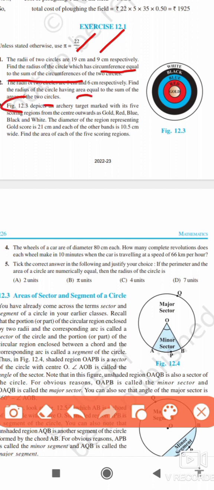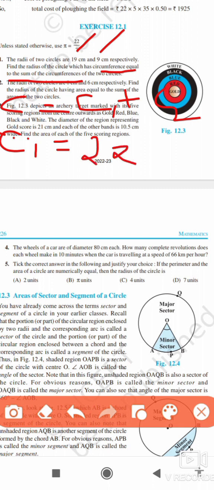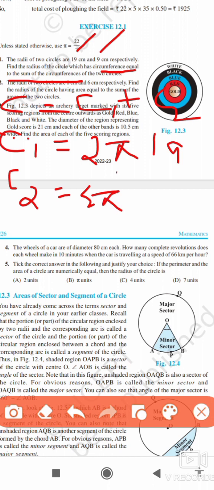C is equal to C1 plus C2, the sum of these circumferences. C1 is equal to 2 pi into r, which is 19. C2 is the same, 2 pi into 9.